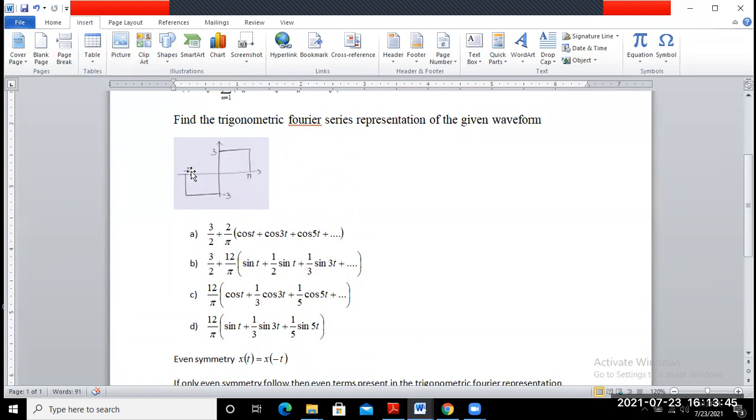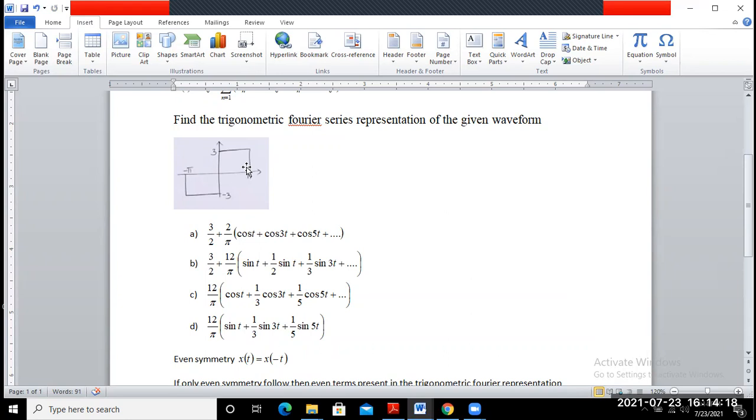If you take the mirror image and revert, and you get this waveform, it follows the odd symmetry condition. For half wave symmetry, if you shift by half a period and revert, and it matches the original signal, it is known as half wave symmetry.